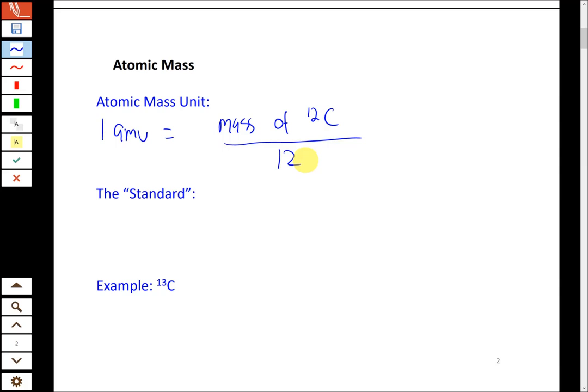They measured its mass, and they divided it by 12 to find 1 AMU. So this is again the standard: carbon-12, all atomic masses are measured relative to that. We can't easily measure the mass of an individual atom, but we can set a standard and measure relative to that.